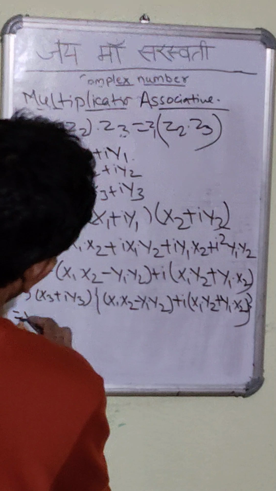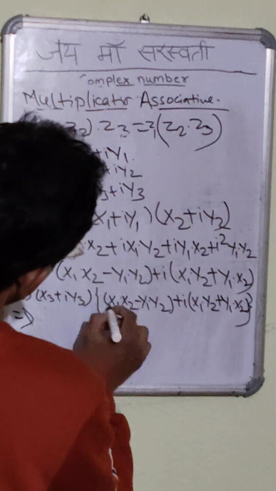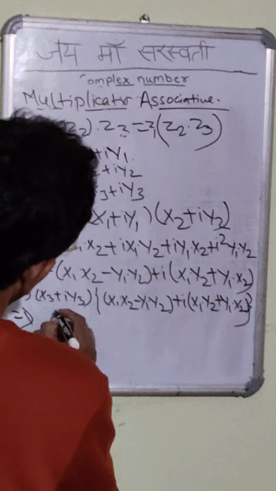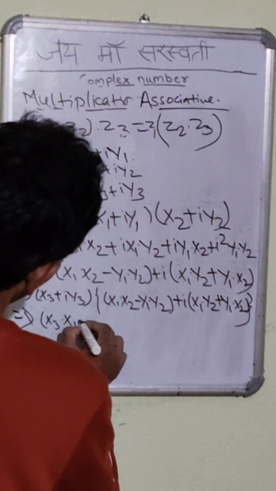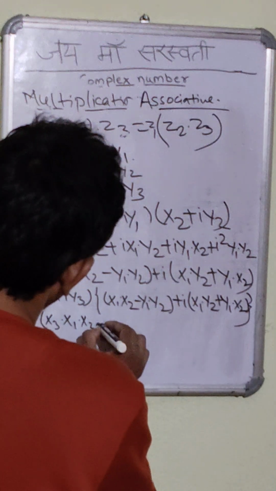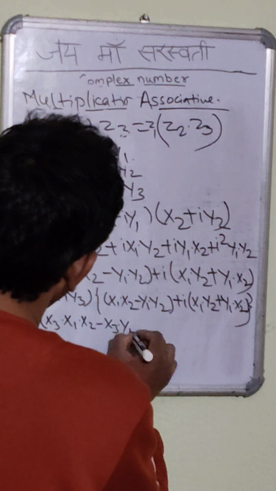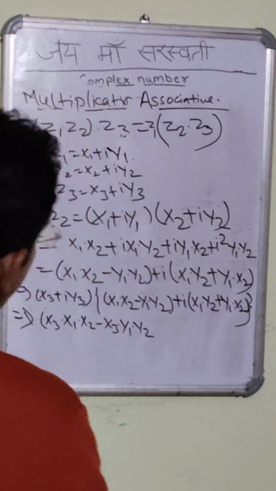Whenever we are multiplying this one part, it will be x3 into x1 into x2, minus x3 into y1 into y2. The first expression is completed here.